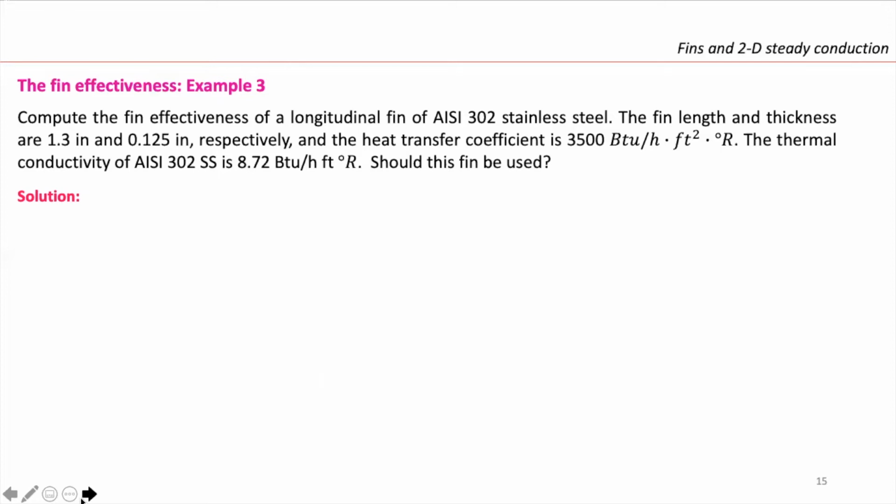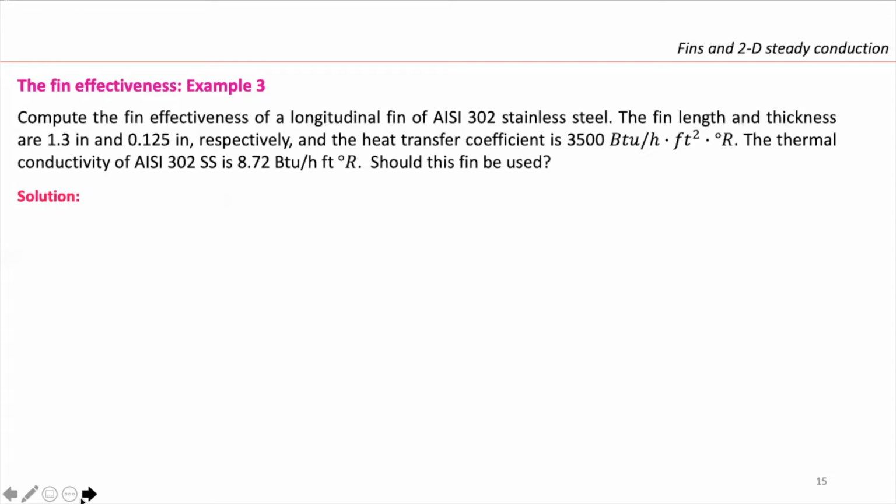It is made of stainless steel. The fin length and thickness are 1.3 inches and 0.125 inches respectively. The heat transfer coefficient, the h, is 3,500 BTU per hour feet squared Rankine. The thermal conductivity, or the k, for that particular stainless steel is 8.72 BTU per hour feet Rankine. Should this fin be used?